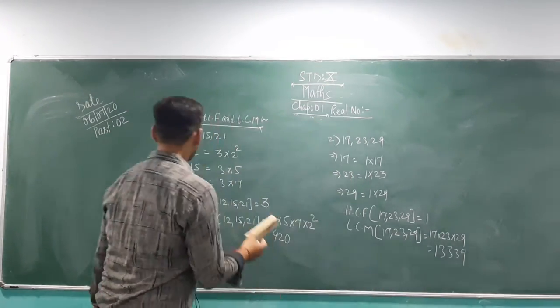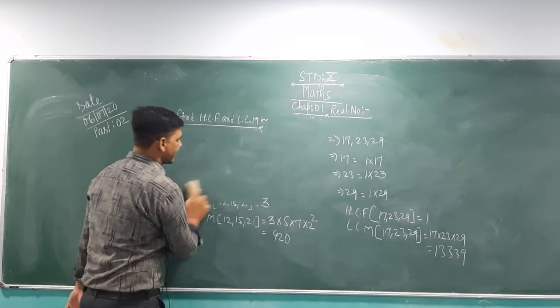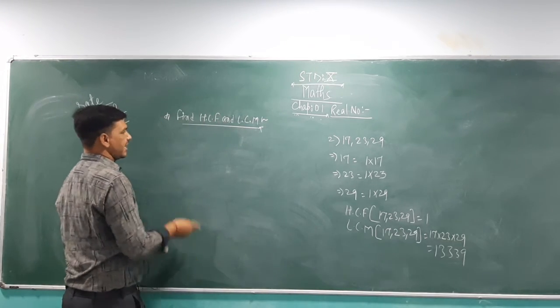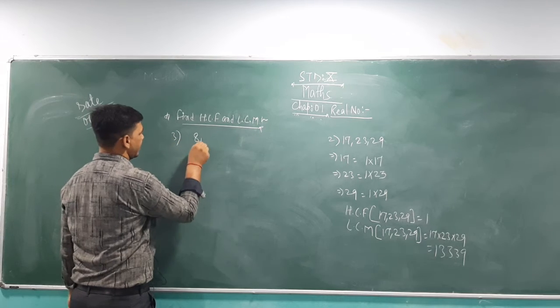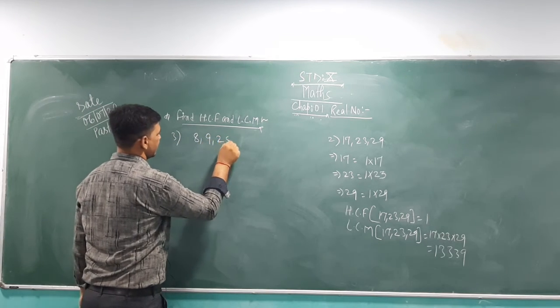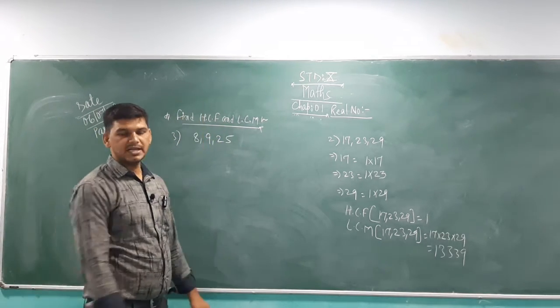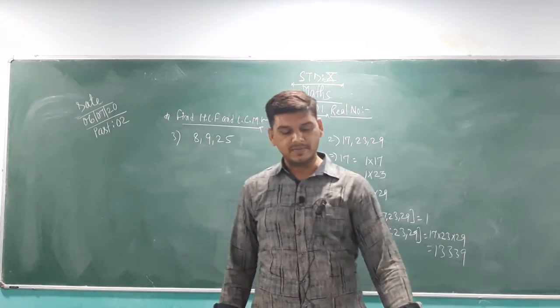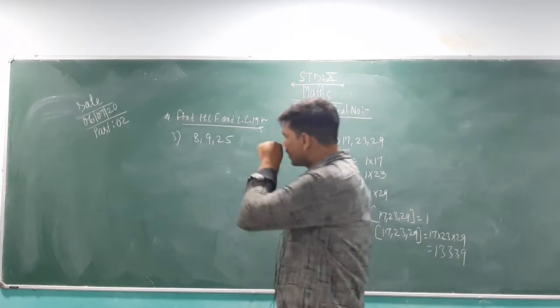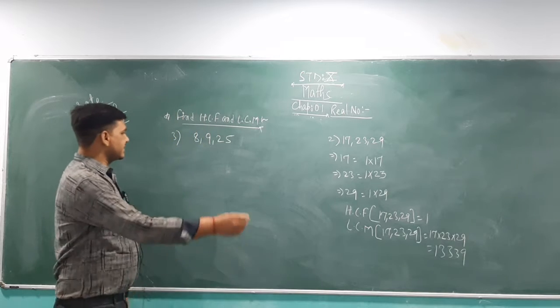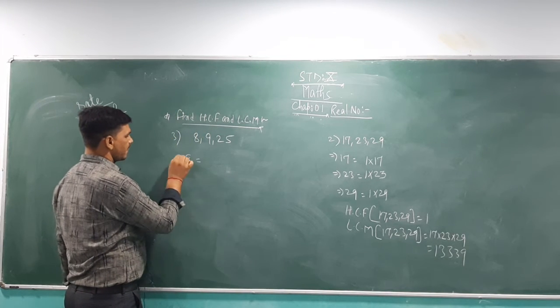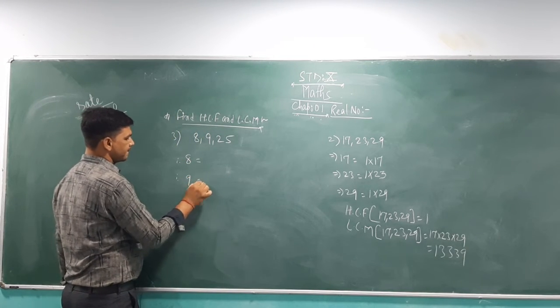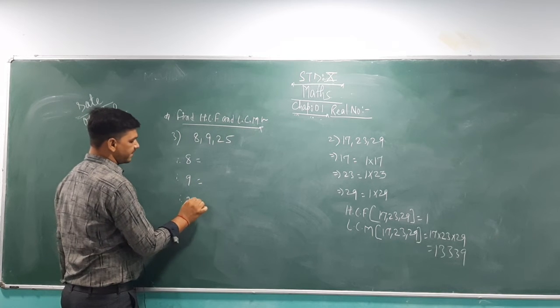Now I'll use another example that should give a clear idea: 8, 9 and 25. How can we find the HCF and LCM of these numbers? First of all, 8 is there, then 9 and then 25.